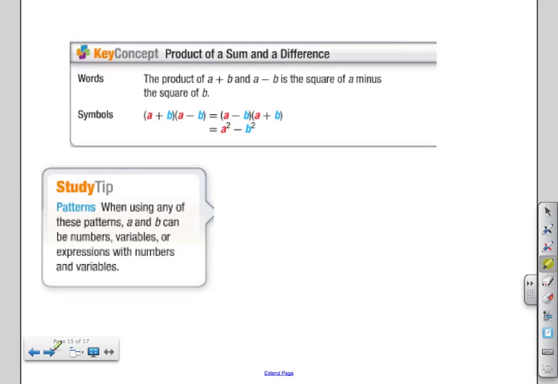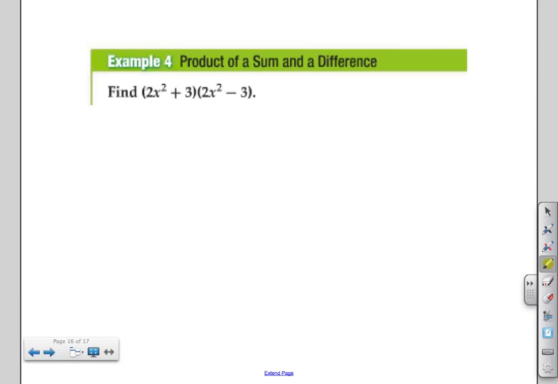We have a plus b times a minus b. We have a sum and a difference. When you multiply those out, you get a squared minus b squared. And this just reminds you that a and b can be numbers, they can be variables, or they can be expressions with numbers and variables. So they'll look different in different questions.